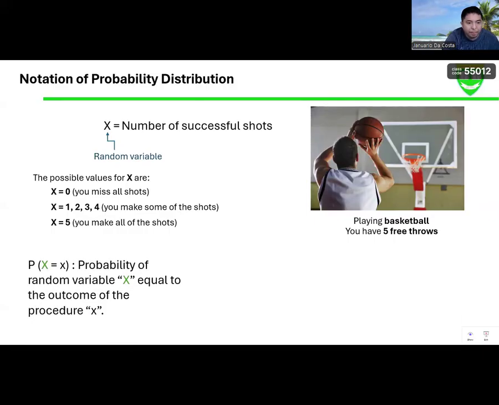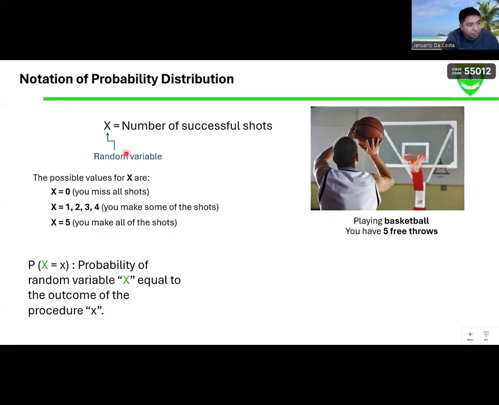If I write the probability of big X, this big X is the random variable, yeah? The small letter x indicates the outcome of that random variable. This small letter x can be 0, 1, 2, 3, 4, or 5. So you read this as the probability of the random variable X equal to the outcome of the procedure.